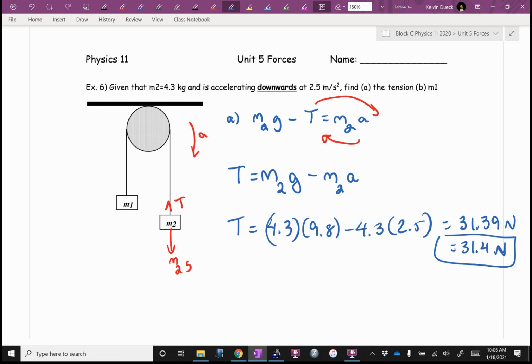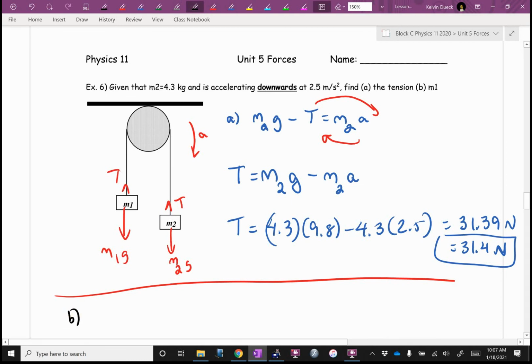Caleb, what does B want me to find? Which way is M1 accelerating? Because M2 is accelerating down. Okay, quick free body diagram. M1G, tension. So let's find M1.